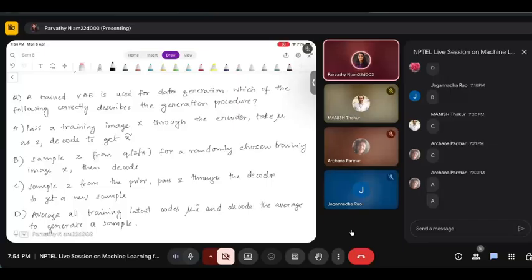What is asked is the generation procedure. How is the generation procedure done? That is option C. You take a sample Z from the prior P of Z and then pass it through the decoder to get a new sample. So the prior distribution is learned to generate new samples.